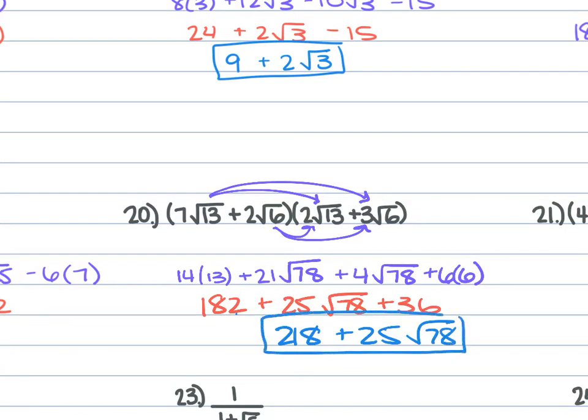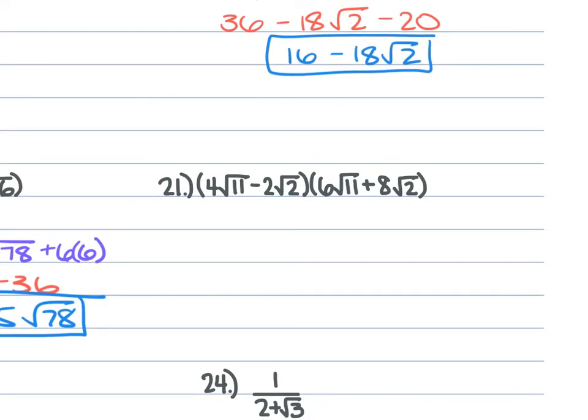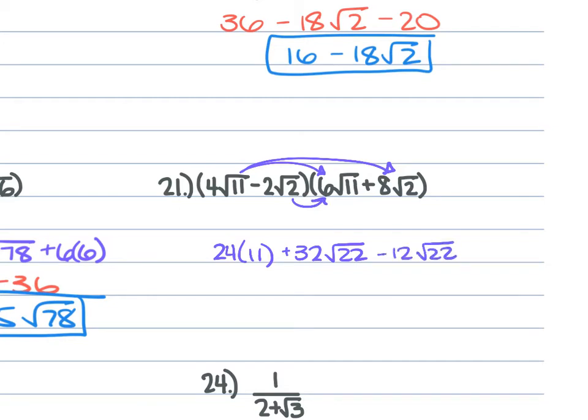78. For 21, we have 4 square root of 11 times 6 square root of 11. So that's going to be 24 times 11. 4 square root of 11 times 8 square root 2 is 32 square root 22. Negative 2 square root 2 times 6 square root of 11 is negative 12 square root 22. Negative 2 square root 2 times 8 square root 2 is negative 16 times 2.